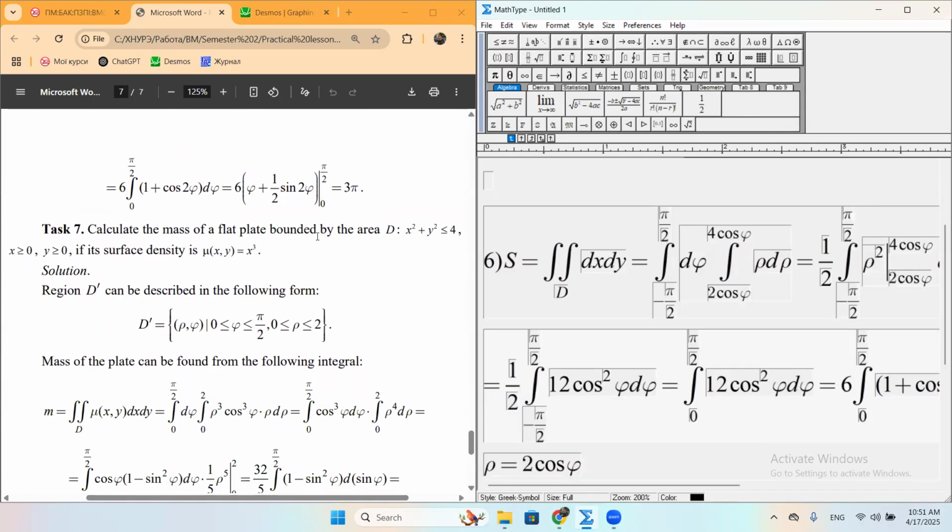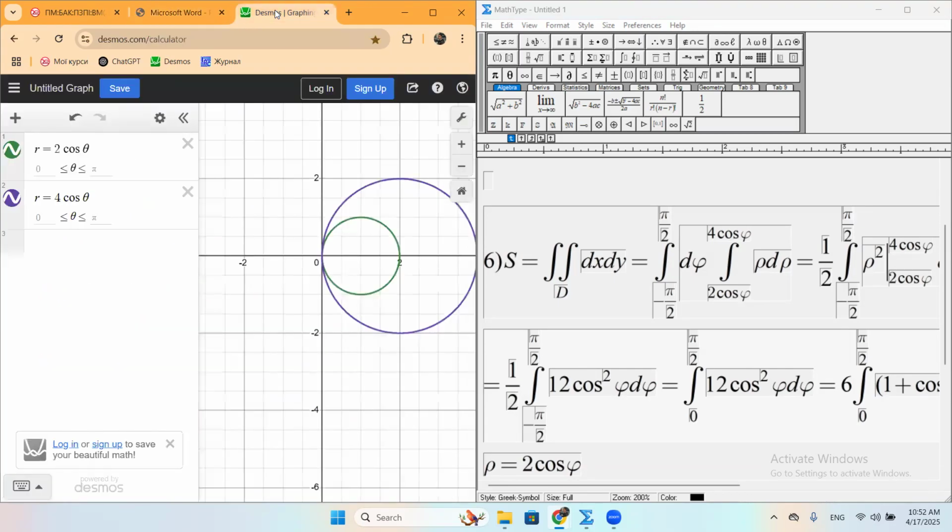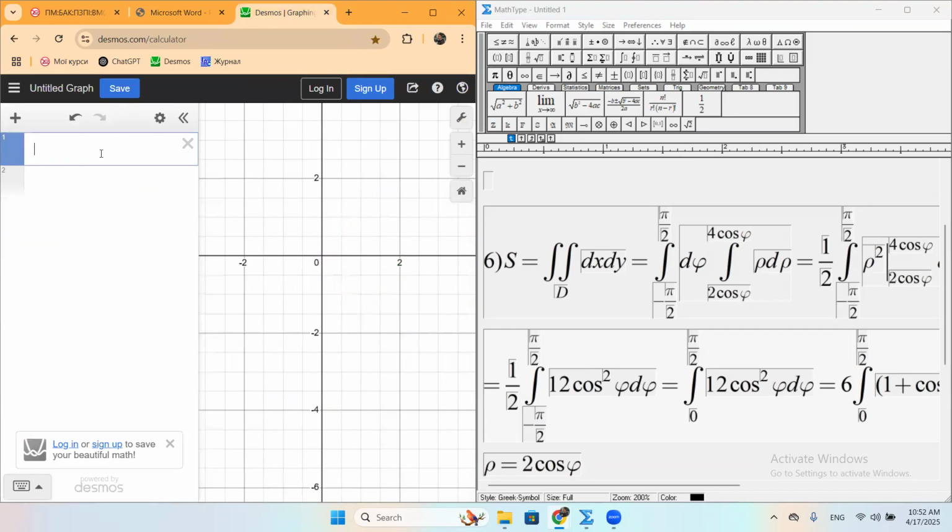And now let's calculate the mass of a flat plate bounded by the following area: x squared plus y squared is less than or equal to 4, and x and y are greater than or equal to 0. Actually, this is a quarter of a circle, in the first quarter of the coordinate system, but let's plot it.